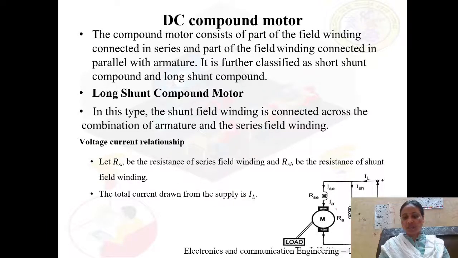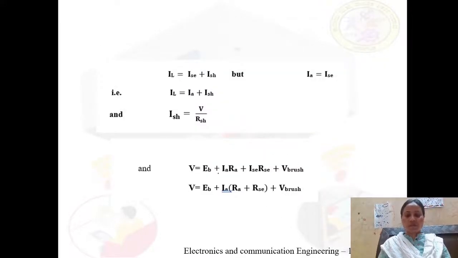Let us consider this portion here. V is equal to EB, the back EMF, plus IA RA plus V brush, plus we have to consider the drop due to the series field winding, similar to the series motor.